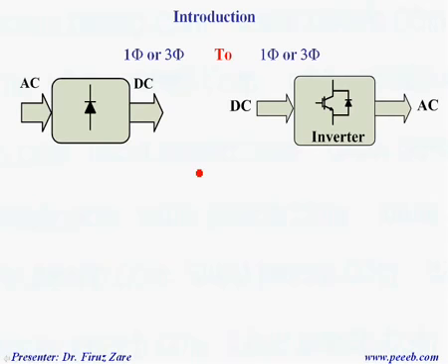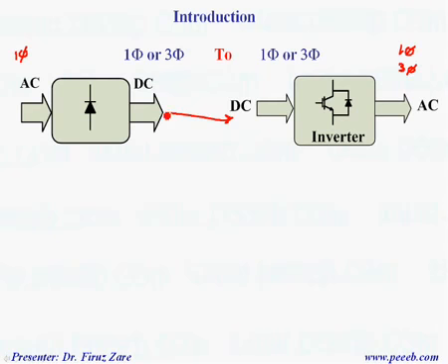So when we have two converters in cascade, we can see that the system can change the phase. That means if the input voltage is single phase, and you have a diode rectifier to get DC voltage, then we can have DC voltage for this inverter as a voltage source, and here we can generate either single phase or three phase.